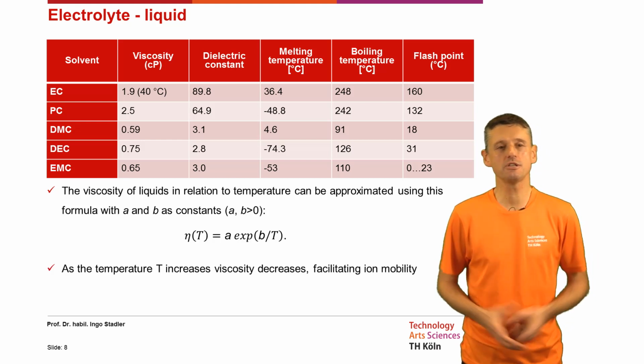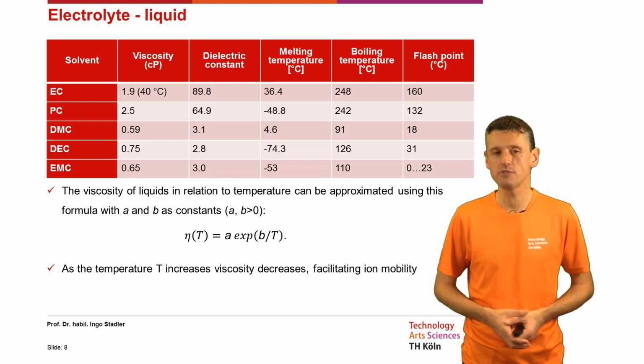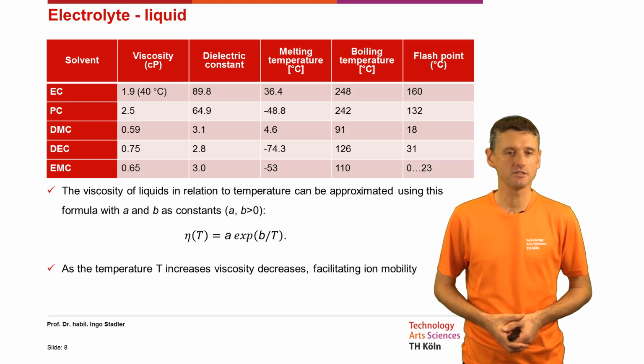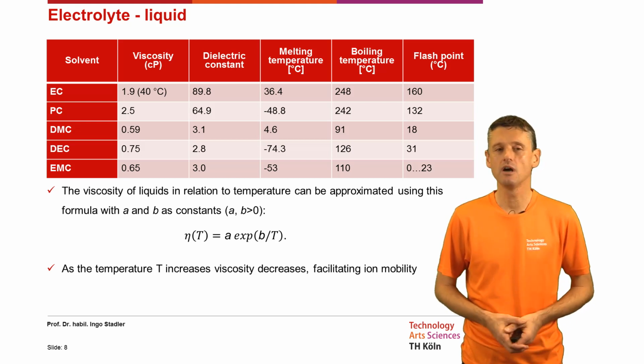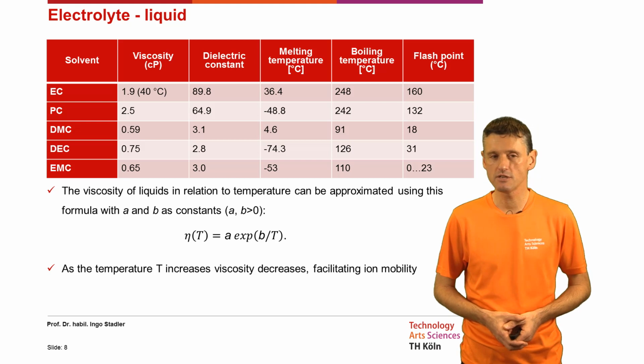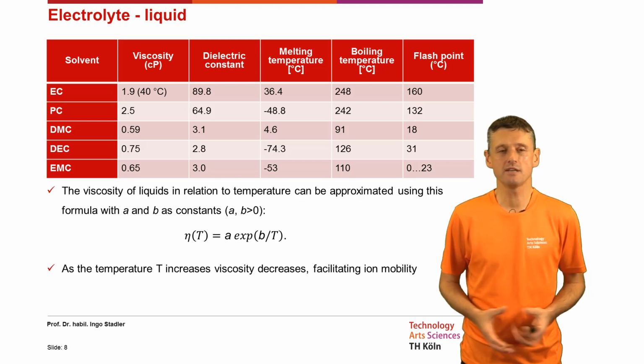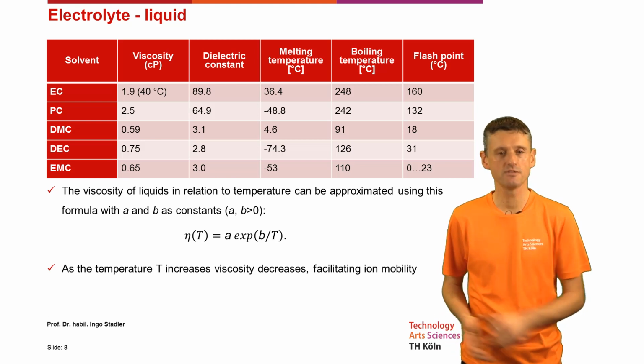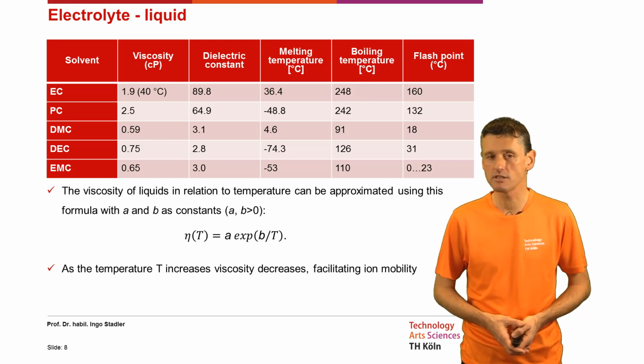The viscosity of liquids in relation to temperature can be approximated using this formula with A and B as constants, where both A and B are bigger than 0. As the temperature T increases, viscosity decreases, facilitating ion mobility.